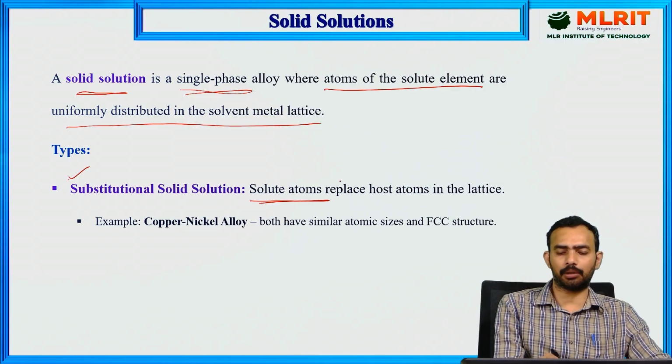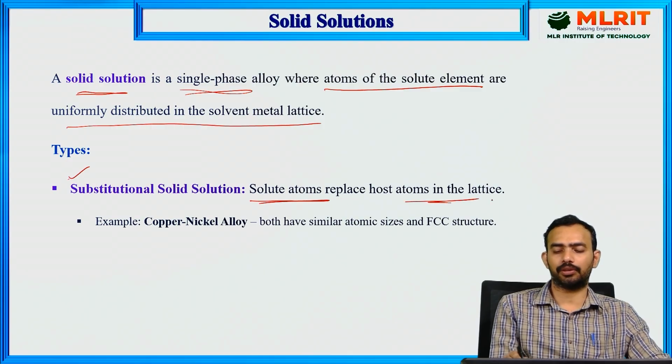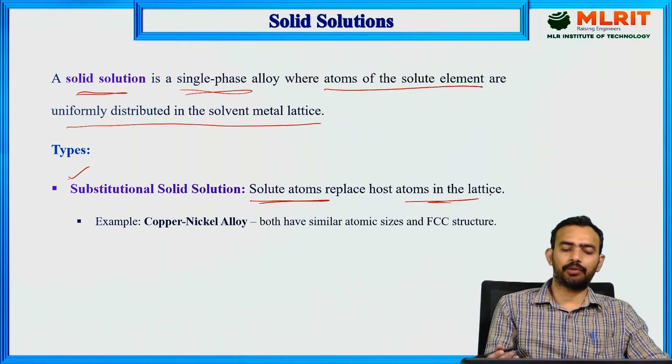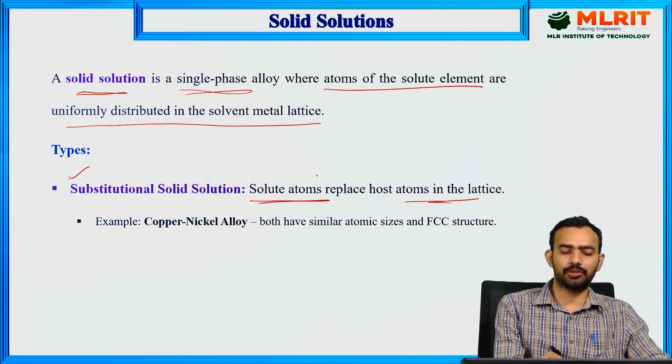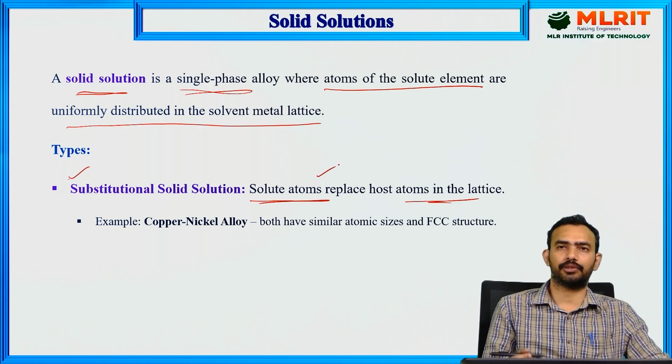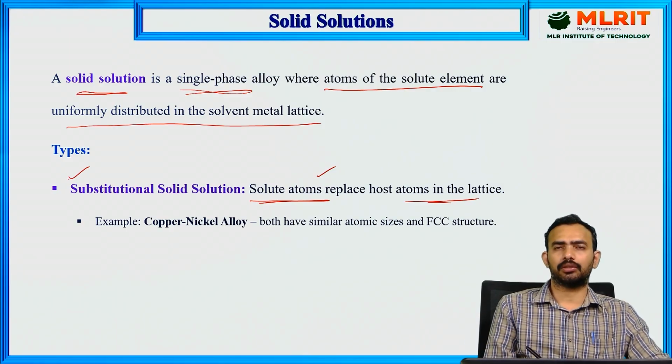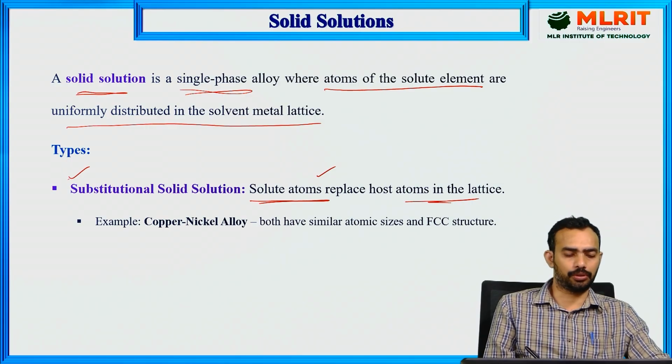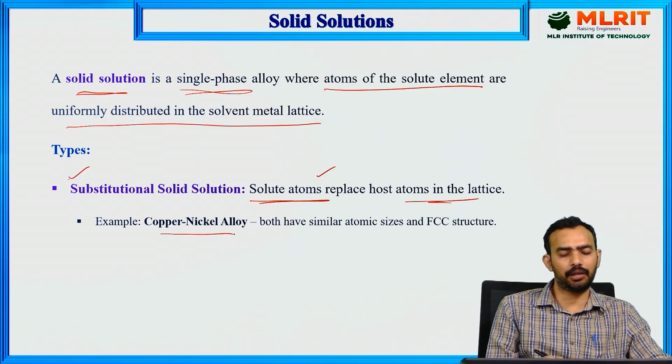Solute atoms are replaced in the place of solvent atoms. In the solvent metal lattice, some of the solvent atoms are replaced with solute atoms, and the homogeneous mixture that is created is considered a substitutional solid solution. An example could be copper and nickel alloy.